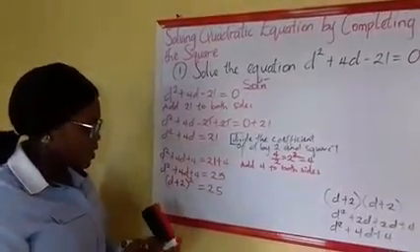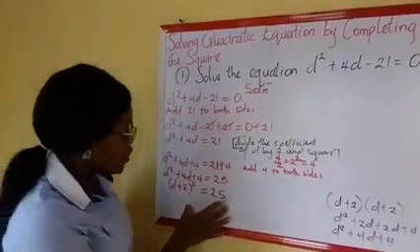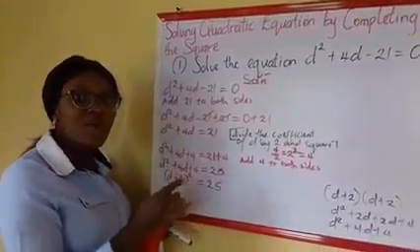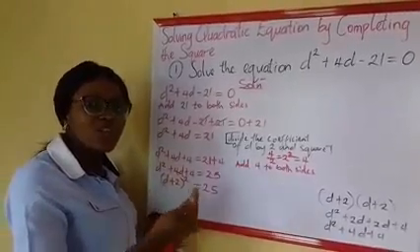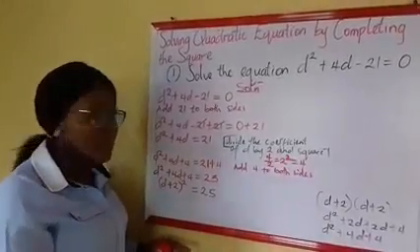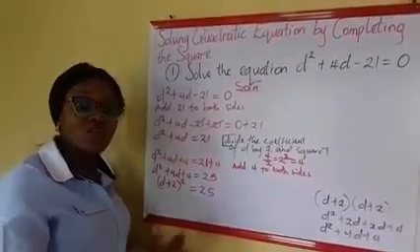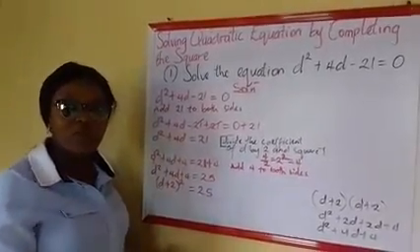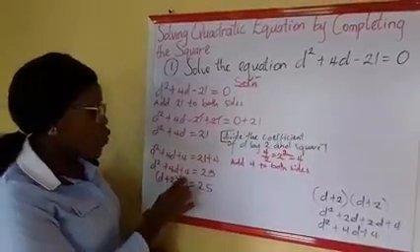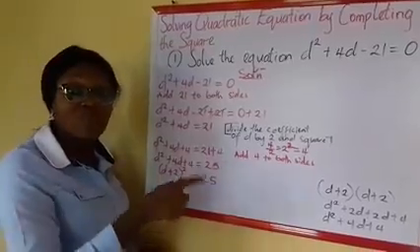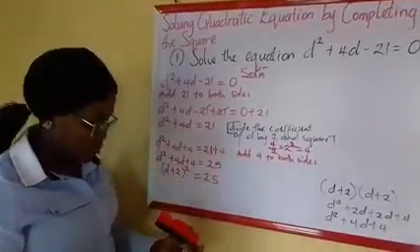We have not finished. Now, when you get to this point, we need to move this raised to the power 2. Just the same way we say that when subtraction crosses the equal sign, it will become addition, and when addition crosses the equal sign, it will become subtraction. At this point, when square crosses the equal sign, it will become square root.